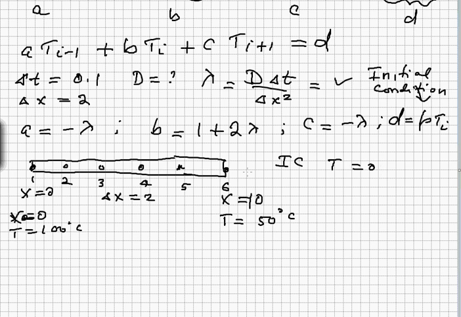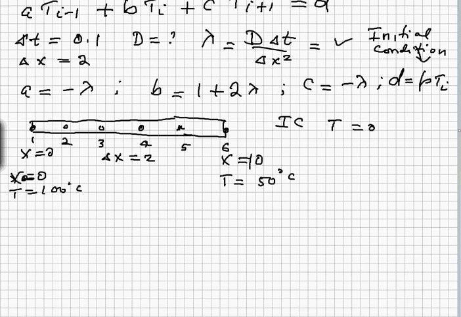Now once you define a problem like this, obviously from all these delta x and delta t values, I can find lambda, so I can calculate these values A, B, C, and D. So that's known. Now the question is, how do we get all these matrix equations? Well, to do that, we have to do it in a very step-by-step fashion. First, let's consider the first node, I equal to 1.